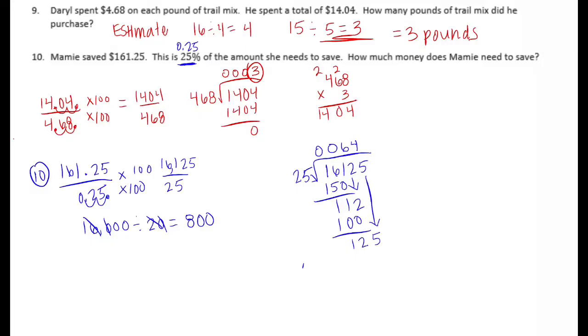And 25 can go into 125 5 times. So our quotient is 645. So she needs to save $645. And that is pretty close to our estimate of $800.